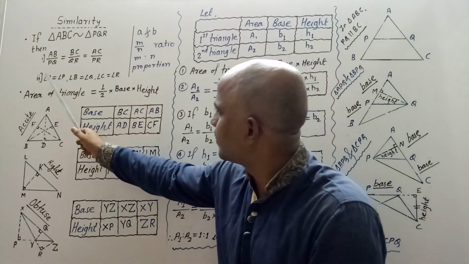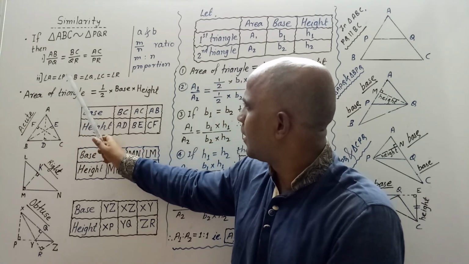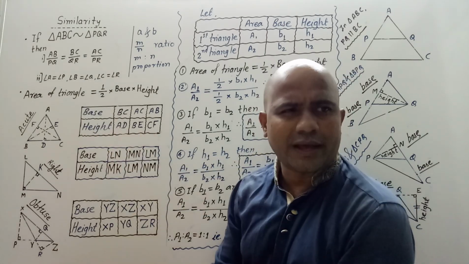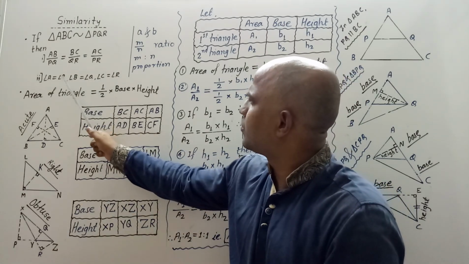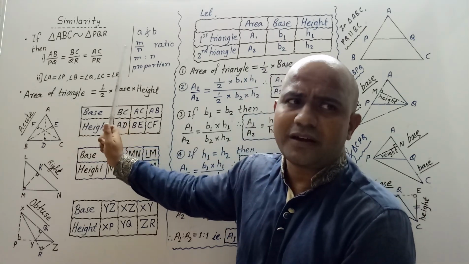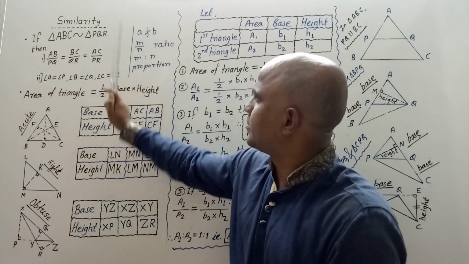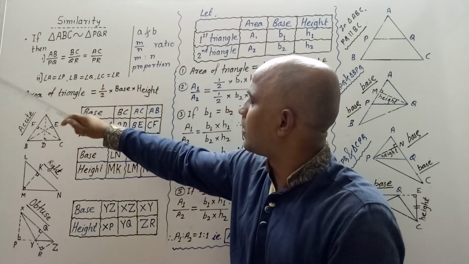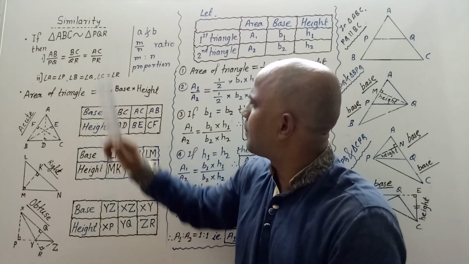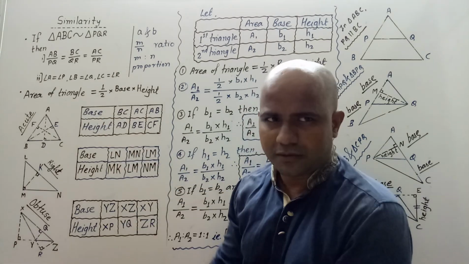And second point, angle A equals angle P, angle B equals angle Q, angle C equals angle R. We can also give the congruent sign here, meaning these measures are the same, which indicates that they are also congruent. In short, when two triangles are similar, their corresponding sides are in the same ratio, meaning the same proportion. Also, their corresponding angles are equal.